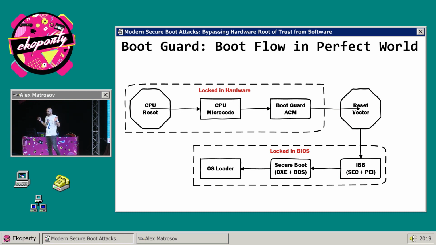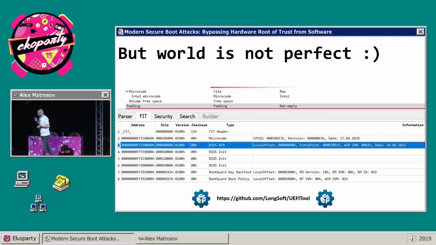So, looks perfect, all the transitions secure, and what can be wrong, right?